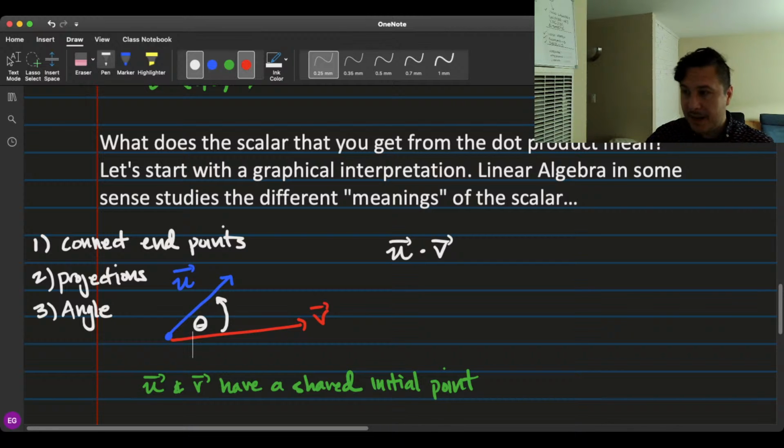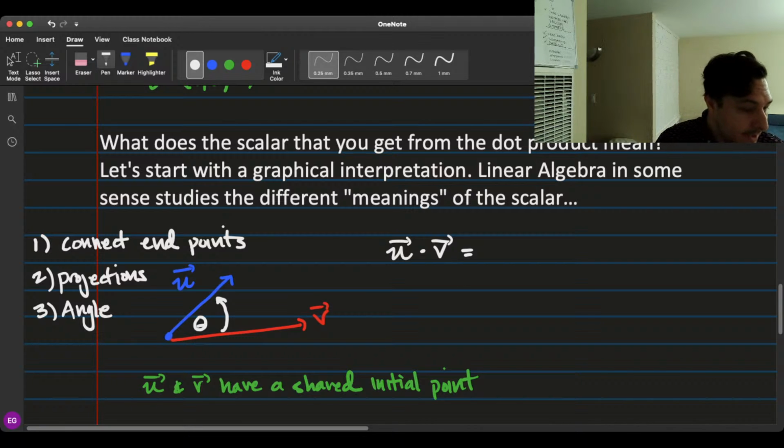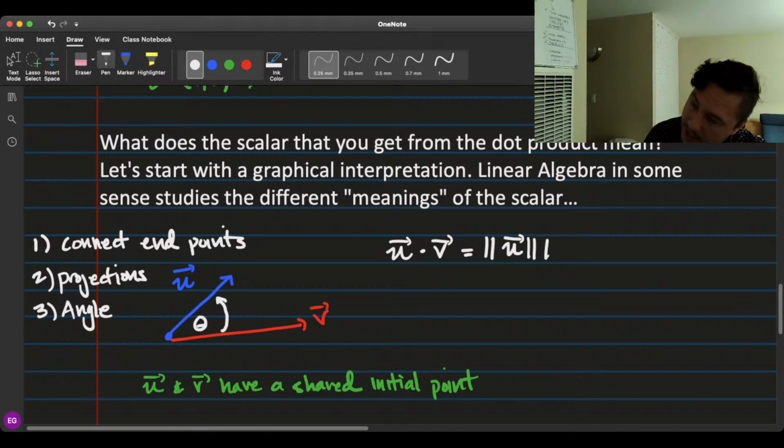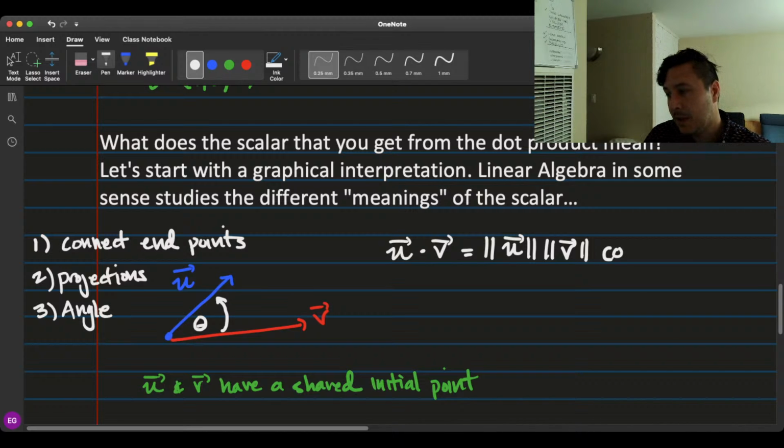And the dot product ends up being something really interesting. U dotted with V is equal to the magnitude of U, in other words, the length, times the magnitude of V times the cosine of the angle between them.